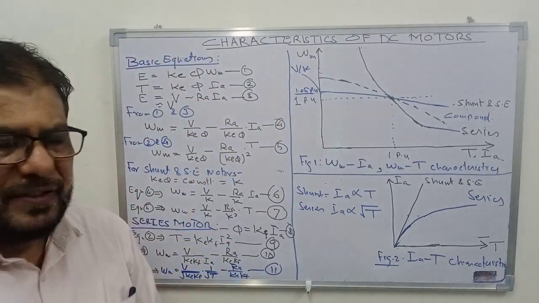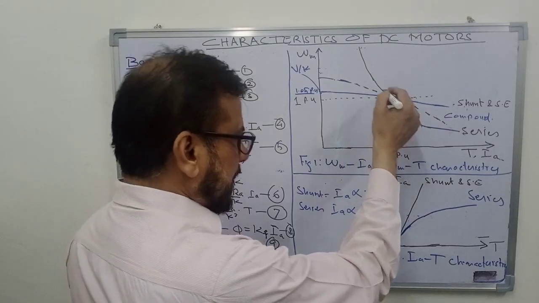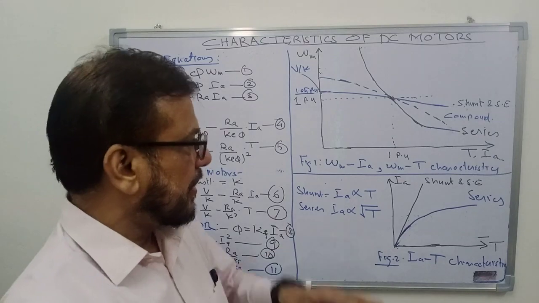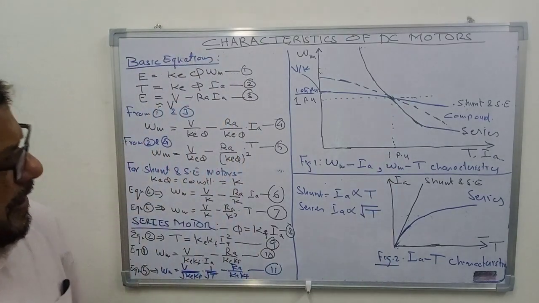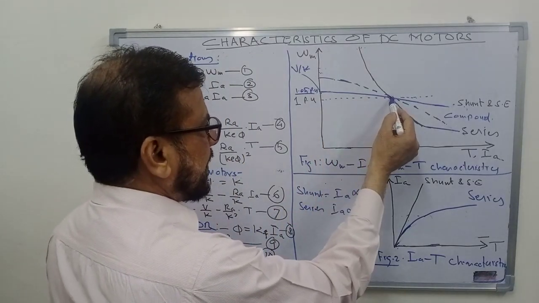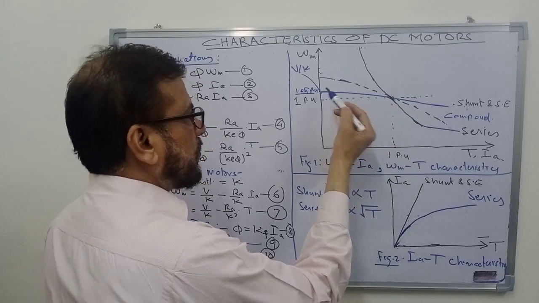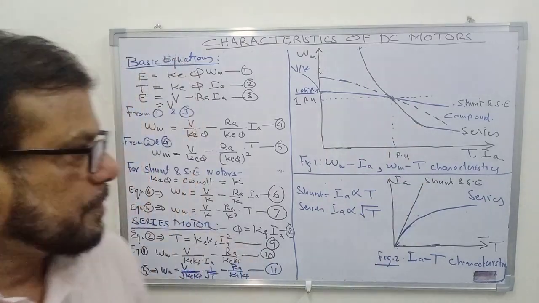The rated speed is that speed at which the motor will run when it draws the rated current and is supplying the rated torque. At that condition, the speed is known as the rated speed. So I have shown this as 1 per unit speed, and as the motor is unloaded, speed will increase, and at no load condition it will be about 5% higher than the rated speed of the motor.